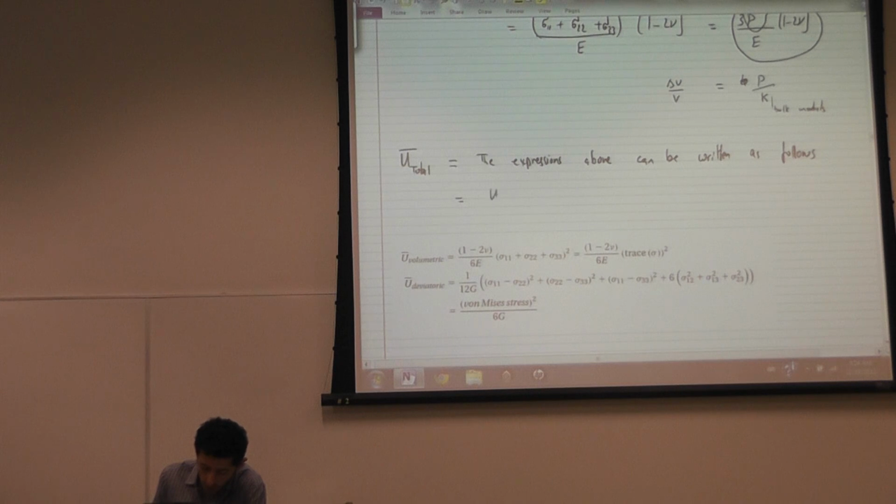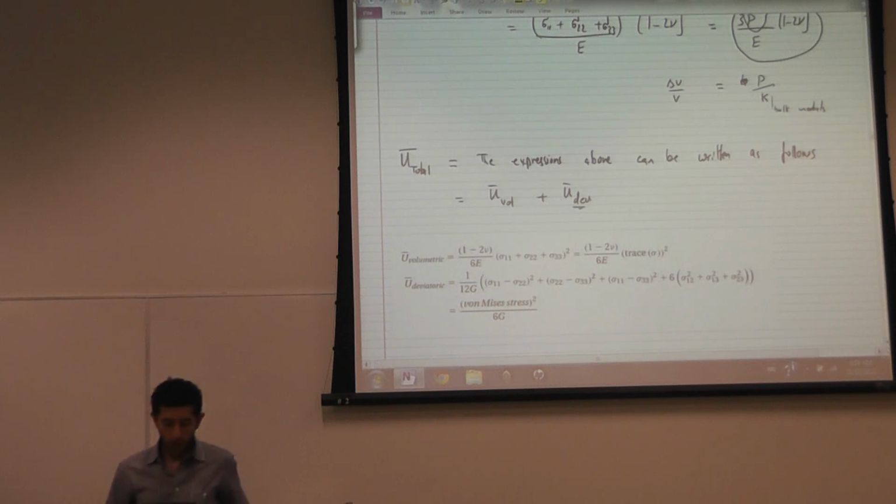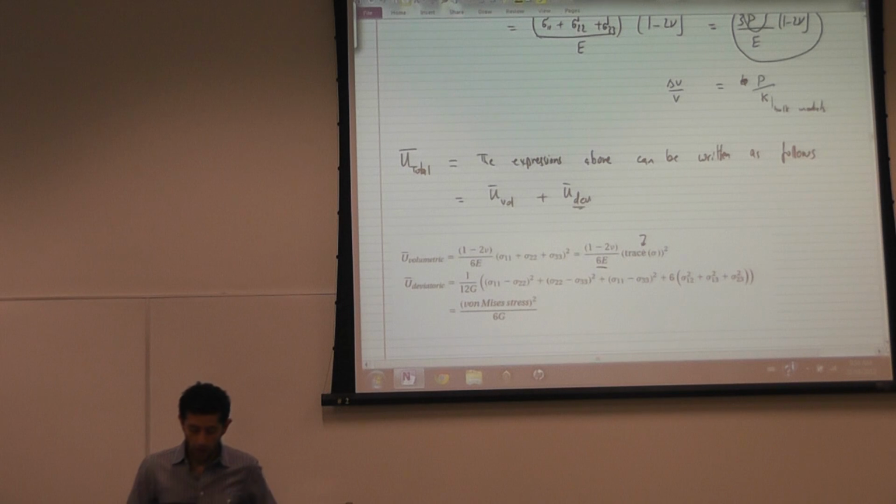This is equal to the volumetric component plus the deviatoric component. The volumetric component is equal to 1 minus 2 Poisson's ratio over 6E multiplied by the trace sigma squared. And the deviatoric component is equal to von Mises stress squared divided by 6G.